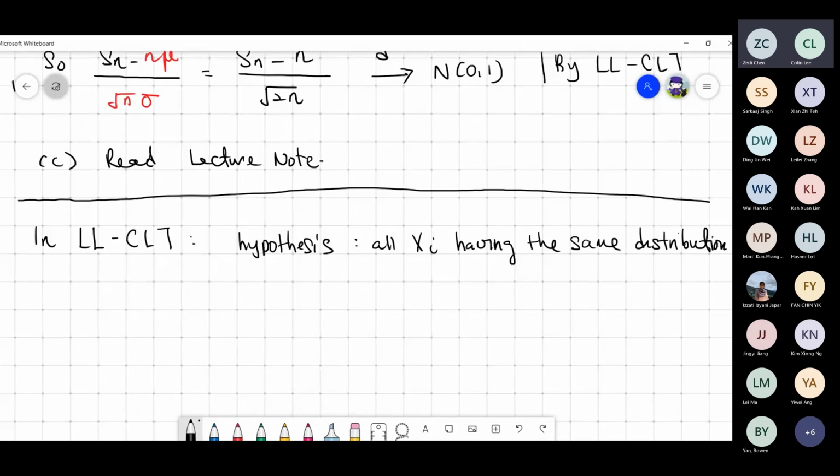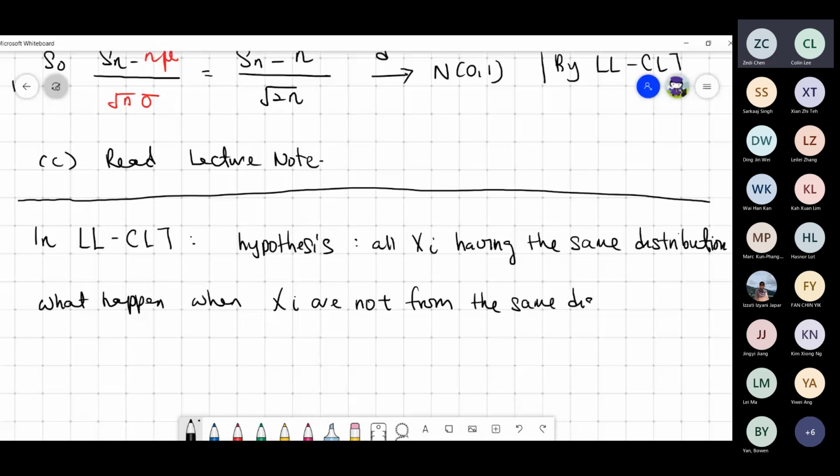Then we look at what happens when the xi are not from the same distribution. In this case, which hypothesis shall we use?